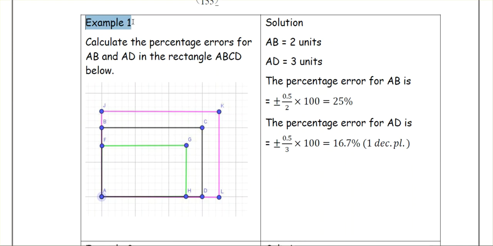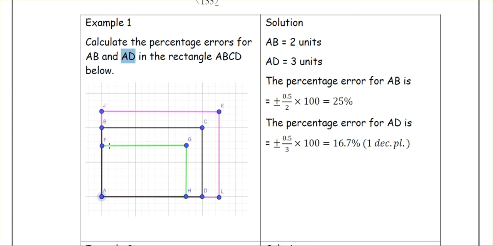In example 1, we are looking at the percentage error for AB and AD. So AB is this line. So you can see that it's 2 units long. And using the percentage error, the plus or minus 0.5 part means that it could be actually bigger or it could be smaller.